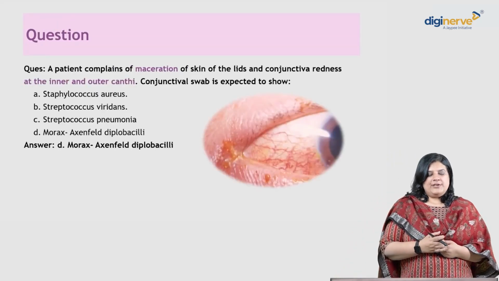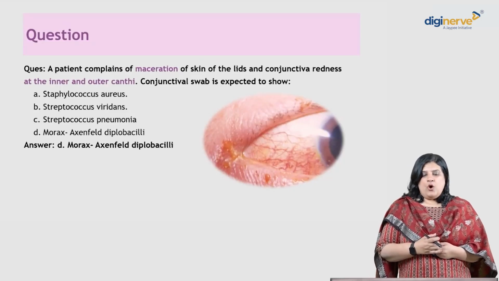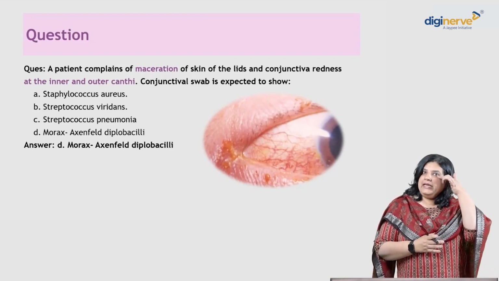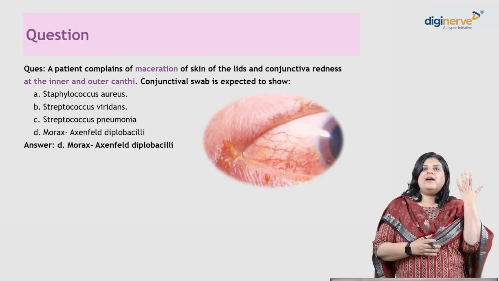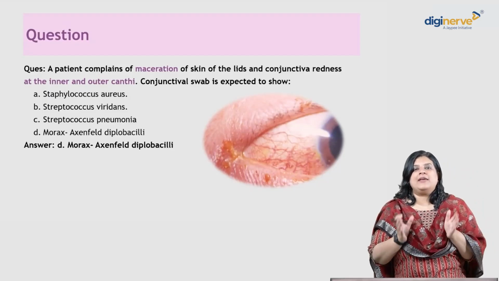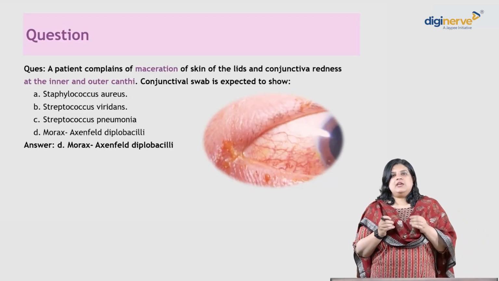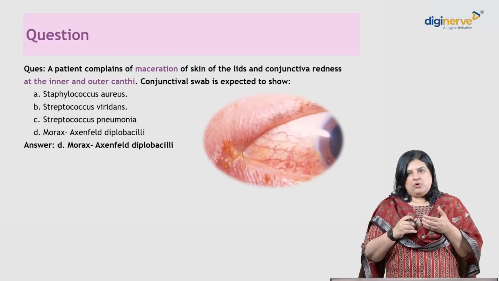You can have another question where a patient comes and complains of maceration of the skin of the lids and conjunctival redness at the inner and the outer canthi. Usually when canthi are involved, we are talking of angular conjunctivitis, and the most typical agent is Moraxella or Morax-Axenfeld diplobacilli.